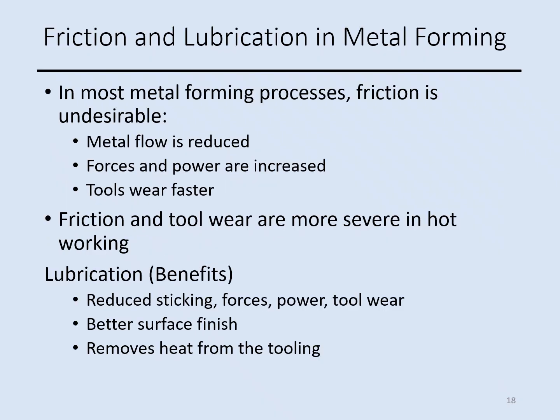In metalworking, we use a lubricant because it can be applied to the tool and work interface in the forming operation to reduce the harmful effect of friction. And in most metal forming processes, the friction is undesirable because of these three reasons.